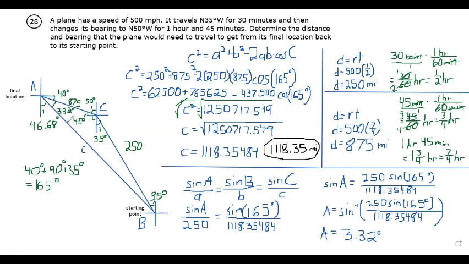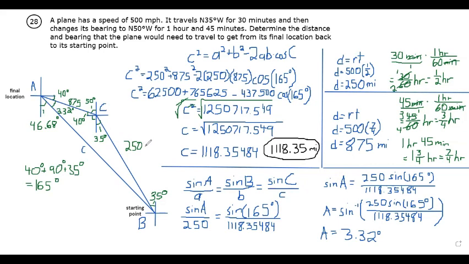And to do that, we're going to have to find this angle of the triangle, which is angle A. And once we find angle A, and once we find what this angle is, we'll be able to determine what the bearing should be, which is represented by this angle.